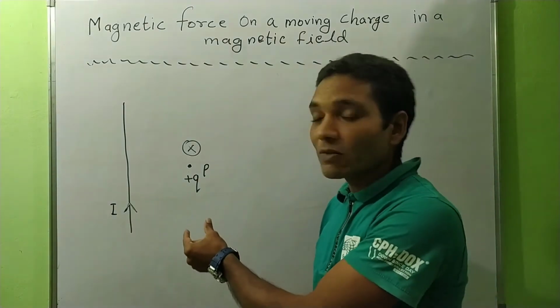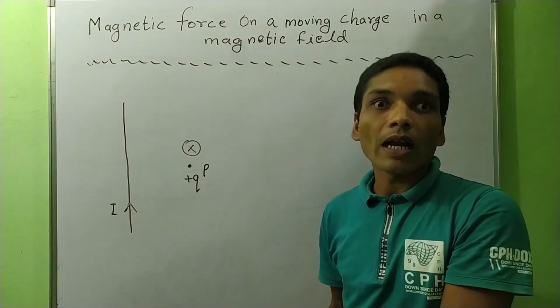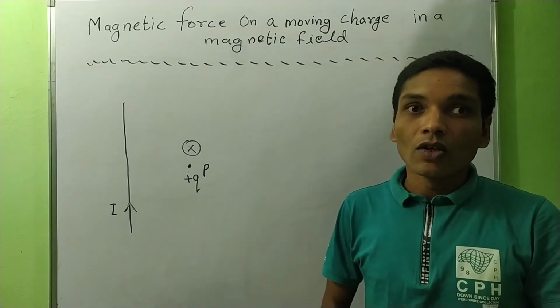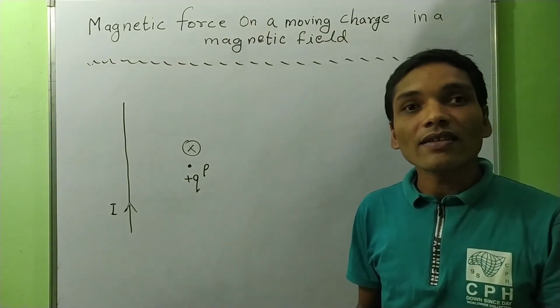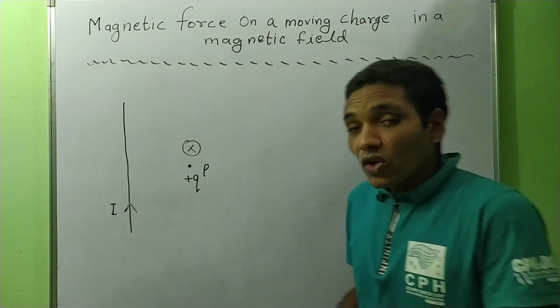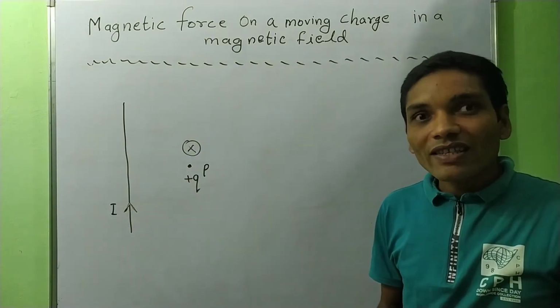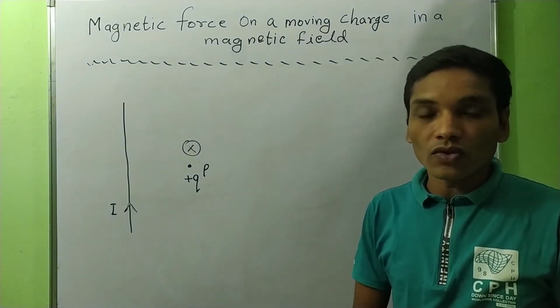This moving charge particle is in the magnetic field, which means it is moving in the magnetic field. So this charge particle experiences some force. Because this charge is moving in the magnetic field, it will experience a magnetic force.